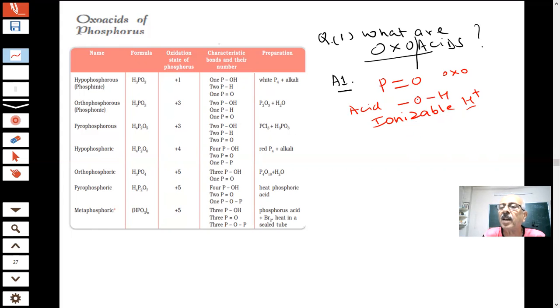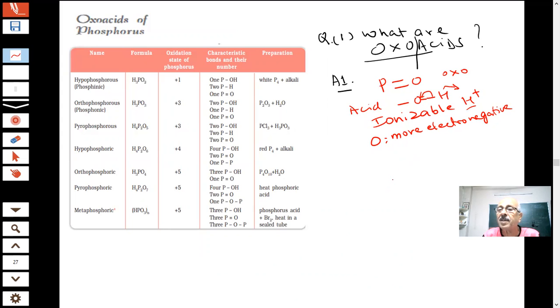Oxygen is more electronegative, so it can pull the electron and then release the H plus. Right or wrong?